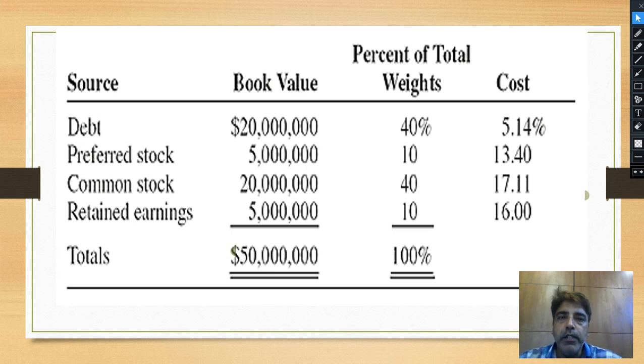But 40% belongs to debt, 10% to preferred stock, 40% to common stock, 10% to retained earnings. These are all examples. So the overall cost of capital will be like 5.14 plus 13.4 plus 17.1 plus 16, and then we will take the average. This is the actual calculation of the WACC.